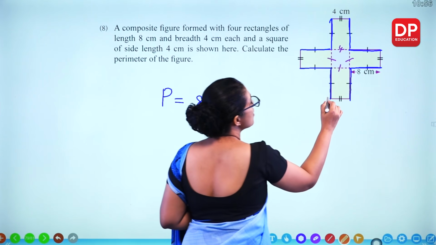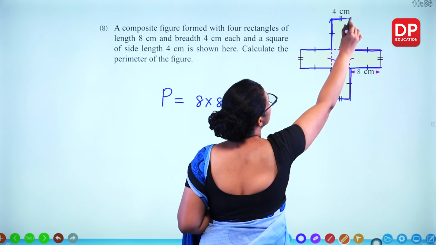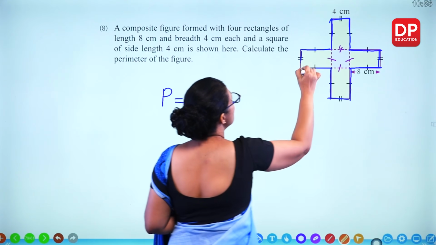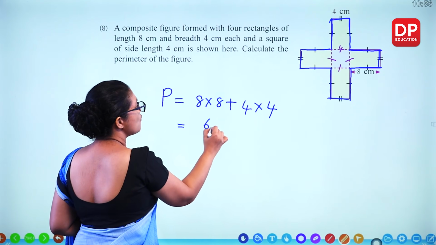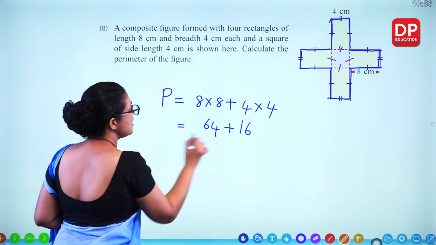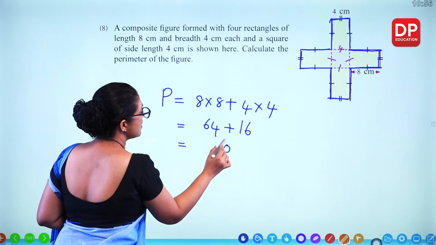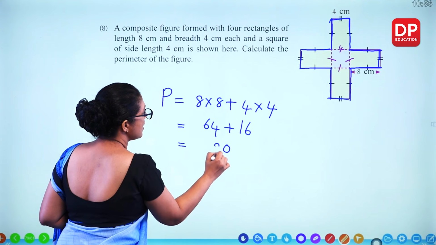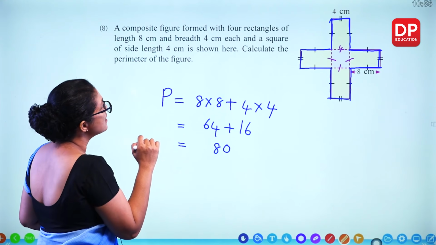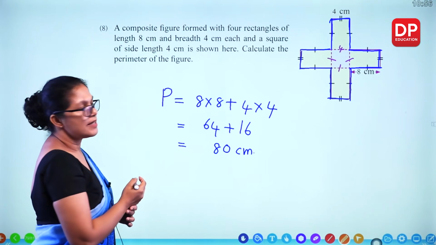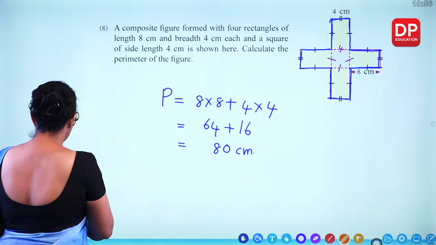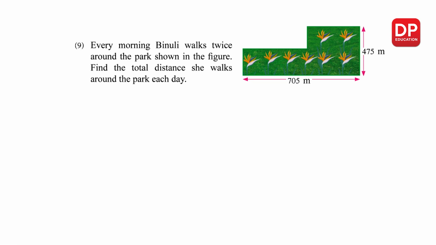How many 4s? 1, 2, 3, 4. Now add it: 64 plus 16, 80. So you get 80 centimeters for the perimeter of this figure.